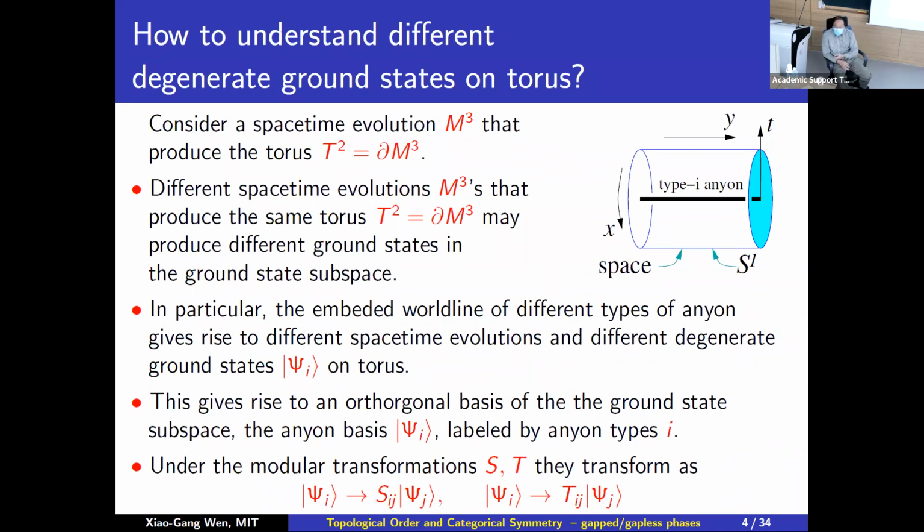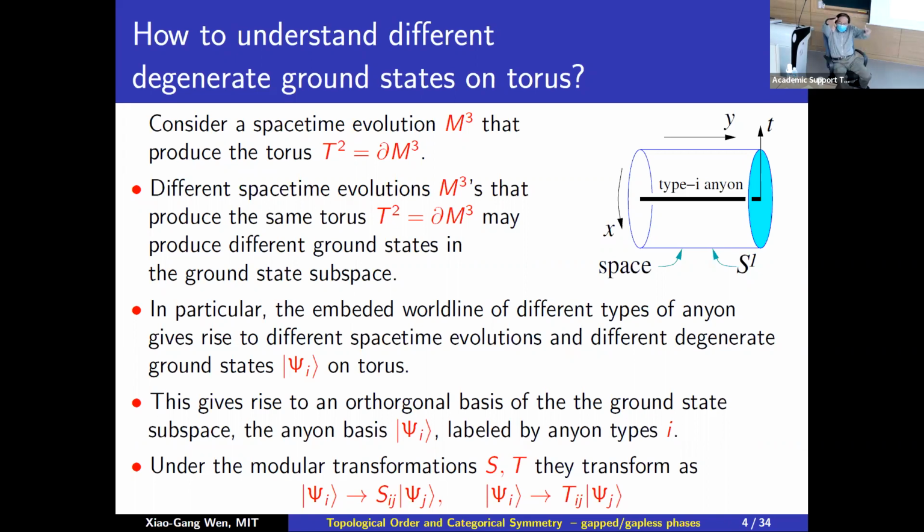Okay. Formally, the ground states have a degenerate subspace, and you can have some unitary transformations that act on that. Certainly this unitary transformation depends on the choice of basis. For the same degenerate ground subspace, there are two ways to build the basis associated to anyon type. One way is making x contractible and using anyon type in the y direction to determine the basis.